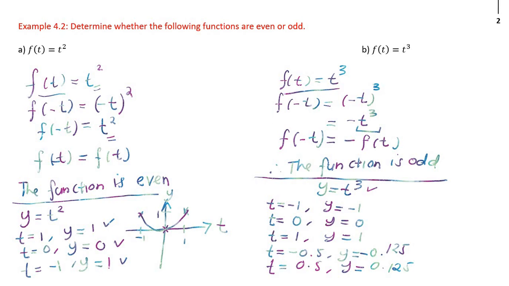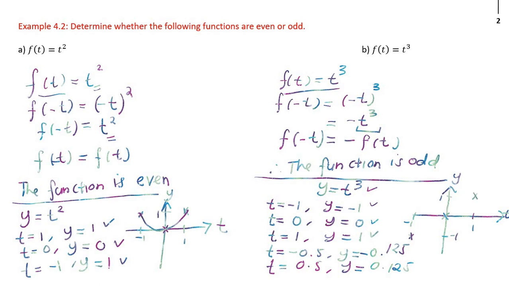Now if you draw the graph, when t is negative 1, y is negative 1; when t is 0, y is 0; when t is 1, y is 1.